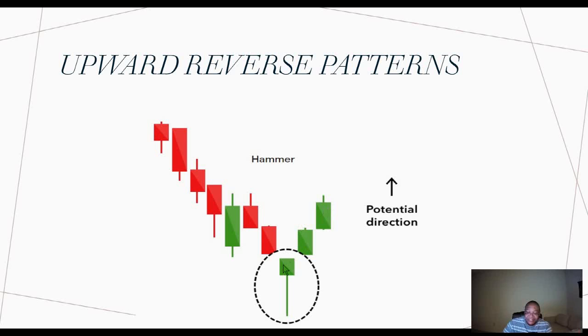However, as I've said before, there is no perfect setup in the stock market. Just because you see this hammer at the bottom of a red, downward trend, does not always mean that it has worked. But what it does tell you is that most of the time, when you see this, it will go up.